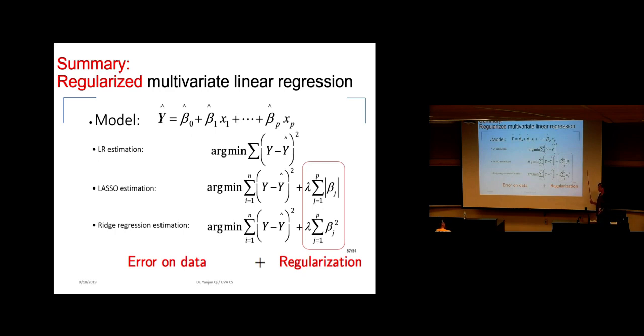All these formulations share the same formula: error on the data plus regularization. So in the end, this whole category of approach is to revise the loss function by adding regularization constraints.